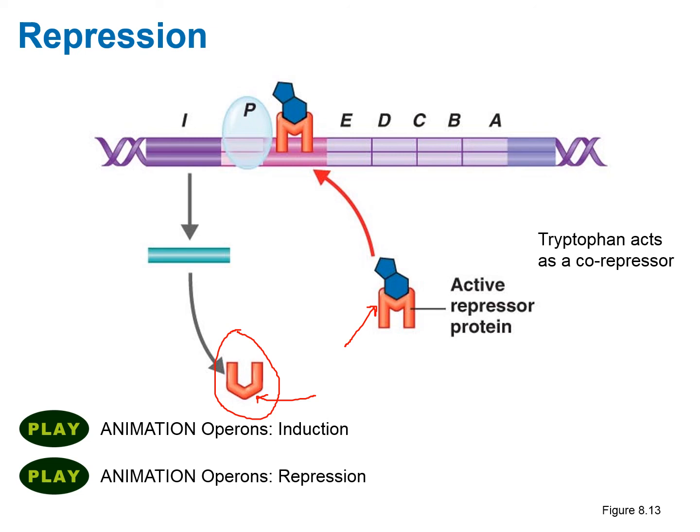As the cell starts using up the tryptophan to make proteins, there'll be less and less free tryptophan in the cytoplasm, which means there'll be less and less tryptophan to bind the repressor and keep the repressor in this shape. So gradually what we'll see is a shift in shape back to the inactive form.